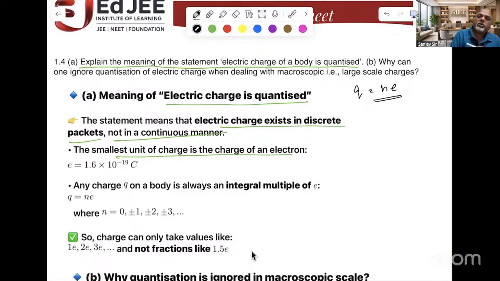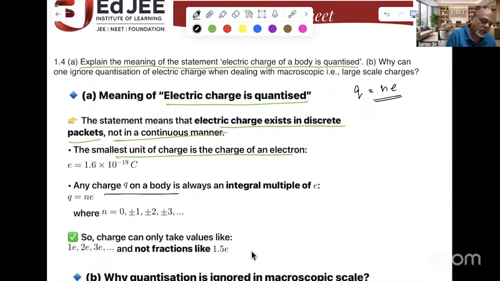That is the smallest charge that exists, and whatever charge we see is a multiple of this smallest charge only. That is basically the meaning of quantization of charge.